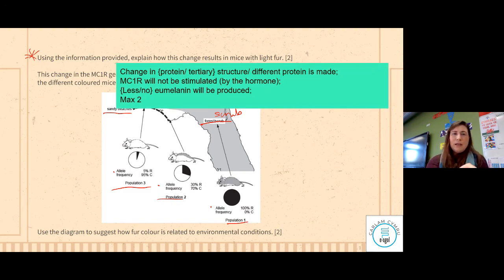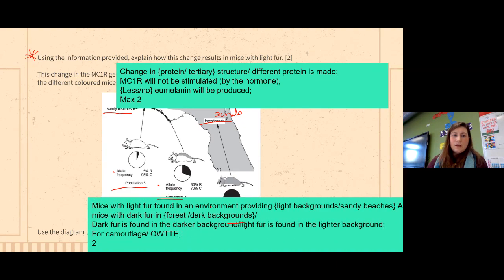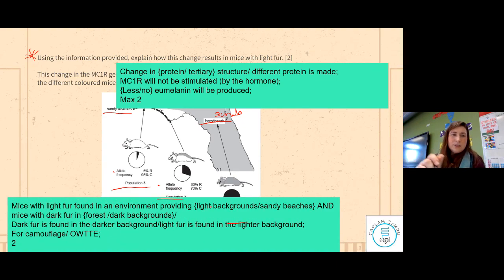Okay, that one you may have needed to go back and look at more information. There's been a change in the tertiary structure, a different protein is made, MC1R will not be stimulated by the hormone, and so on. Here, this is related to what we've been doing. Mice with light fur are found in an environment providing light backgrounds or sandy beaches, and mice with dark fur in forest backgrounds or dark backgrounds.